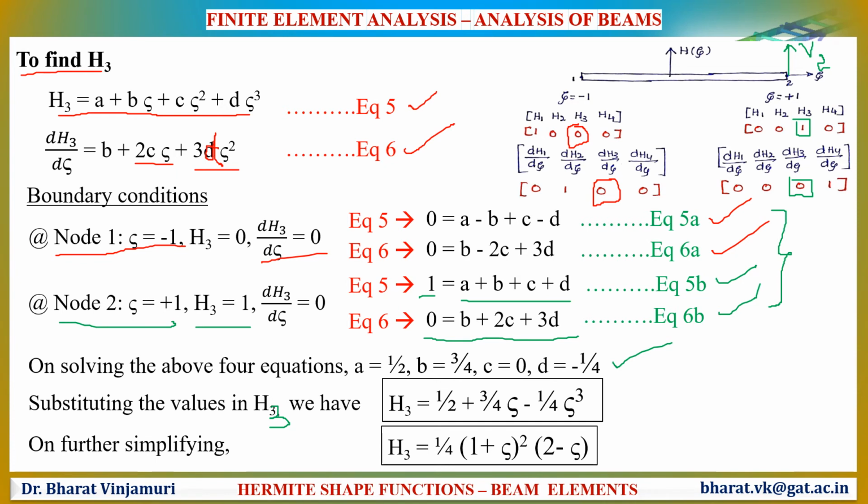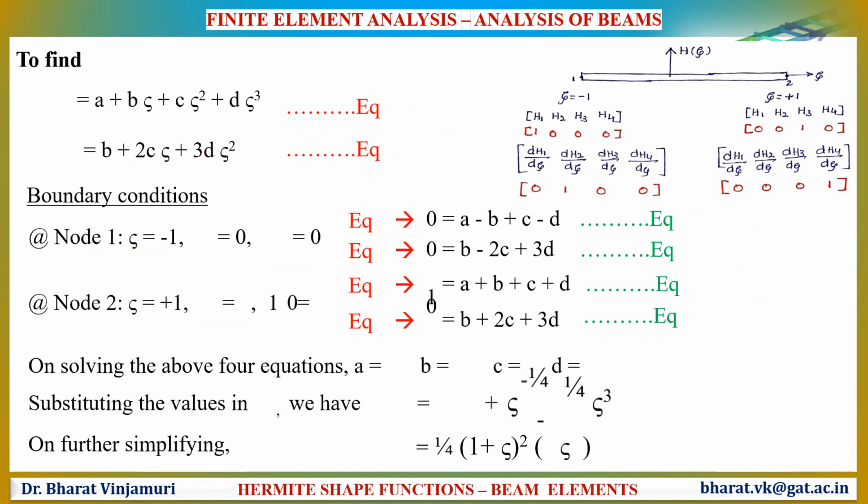Since the value of c is 0, the c term will not be available in H3. Instead of d, we have minus 1 by 4 zeta cube. On further simplifying this equation, you will end up with H3 is equal to 1 by 4 (1 plus zeta) whole square multiplied by (2 minus zeta).